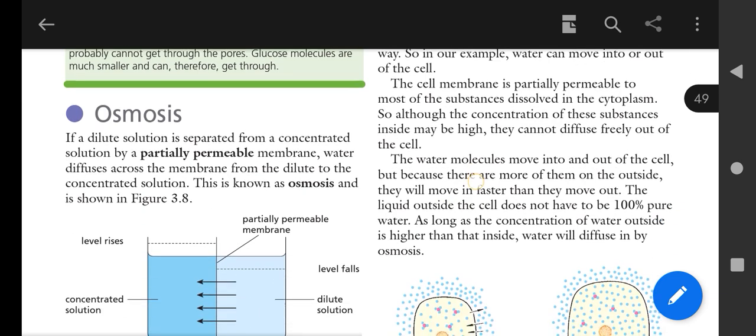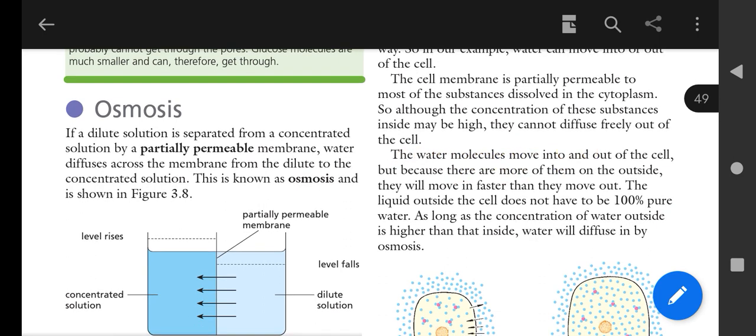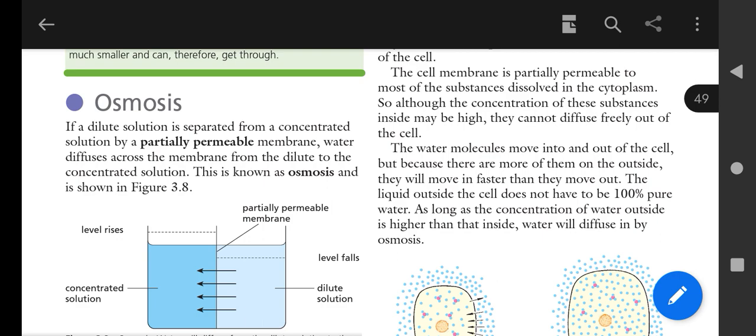Because it is a semi-permeable membrane, only solute molecules of the pore size can pass through. There is a negligible amount of solute that is smaller than the holes in the cell membrane. So water molecules move into and out of the cell, but because there are more of them on the outside, they will move in faster than they move out.